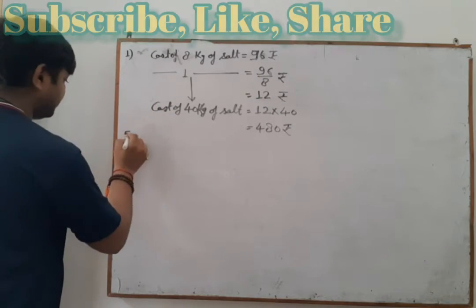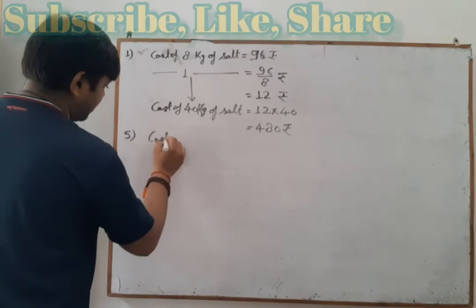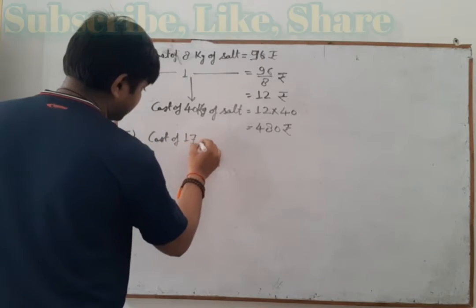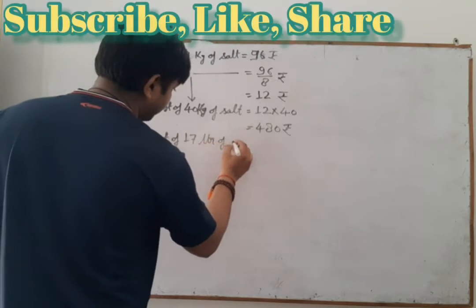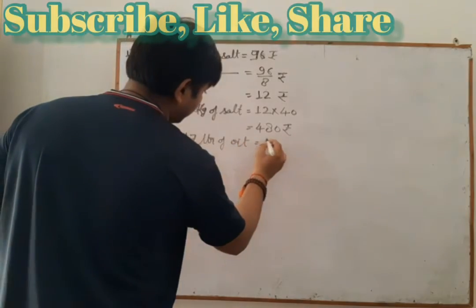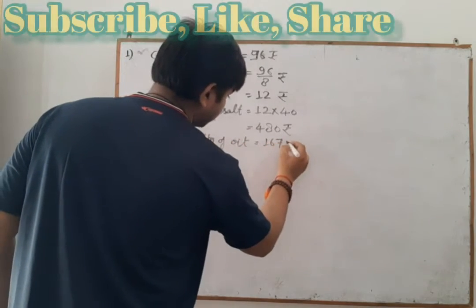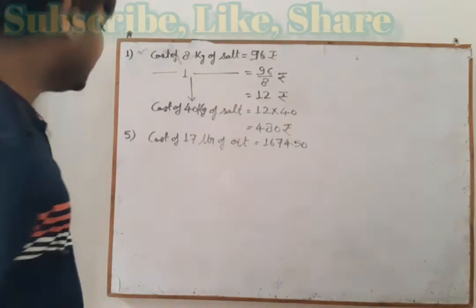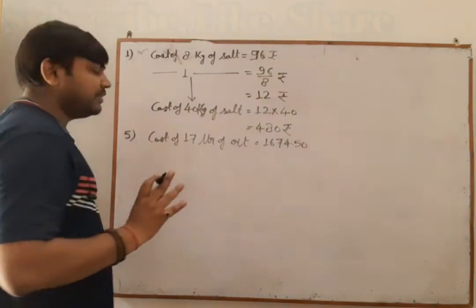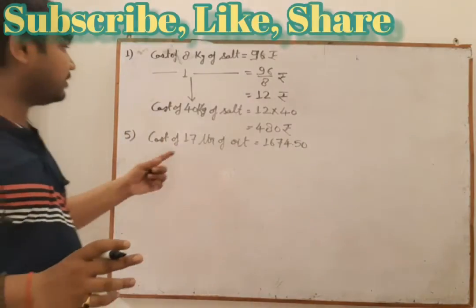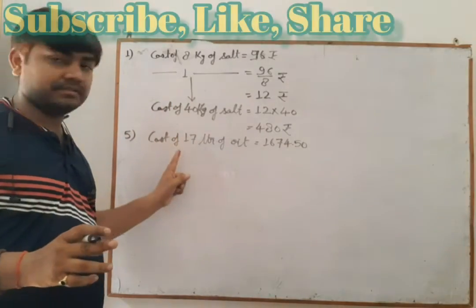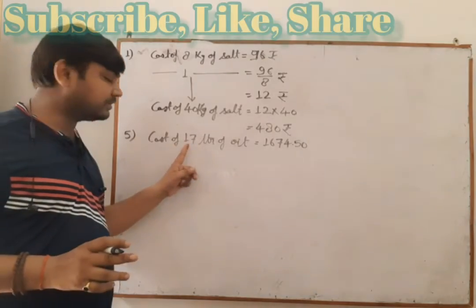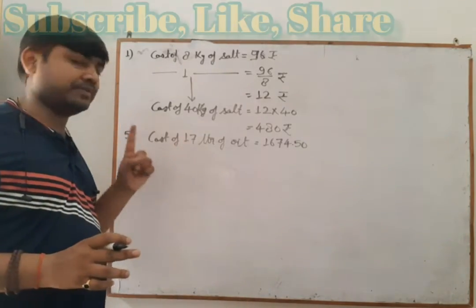Question number 5: the cost of 17 liters of oil is equal to 1674.50. Now, unitary method, what does it say? First of all we find the value of one object. Here it is 17 objects, so now we are going to find out one.